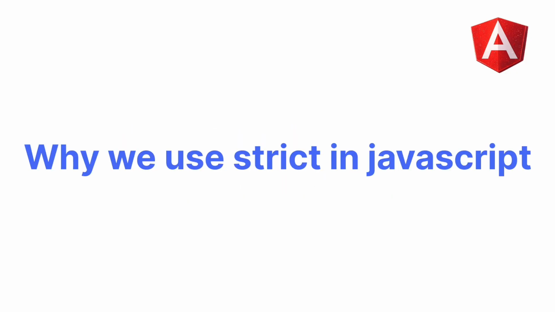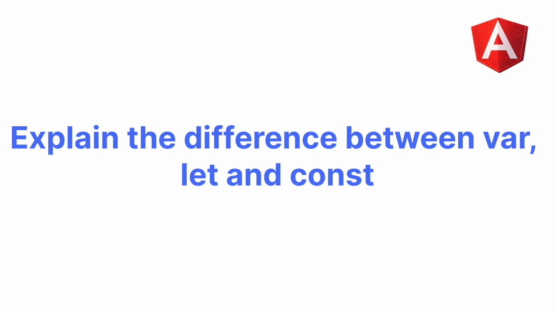Why do we use strict in our JavaScript file? The use strict keyword. By using strict, everything should be declared at the top. Also, can you tell me the difference between the variable declarations var, let, const?